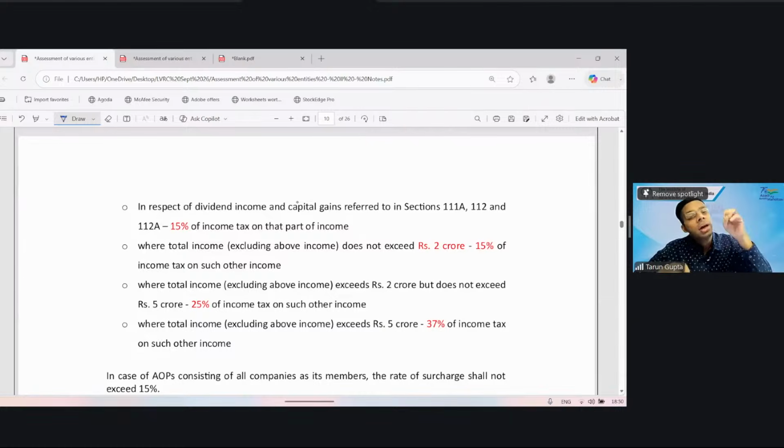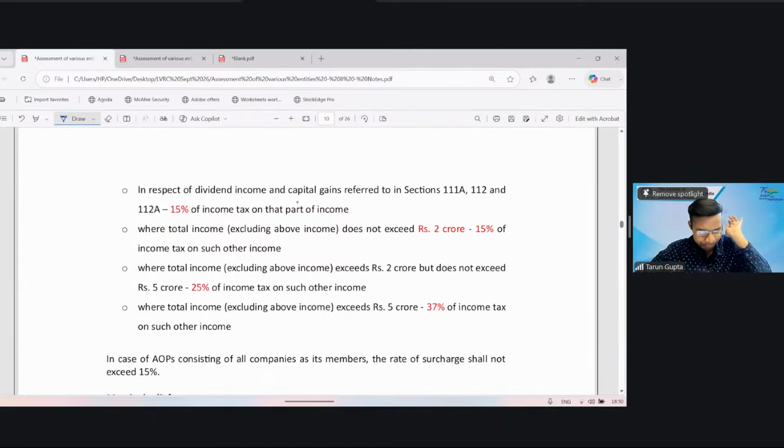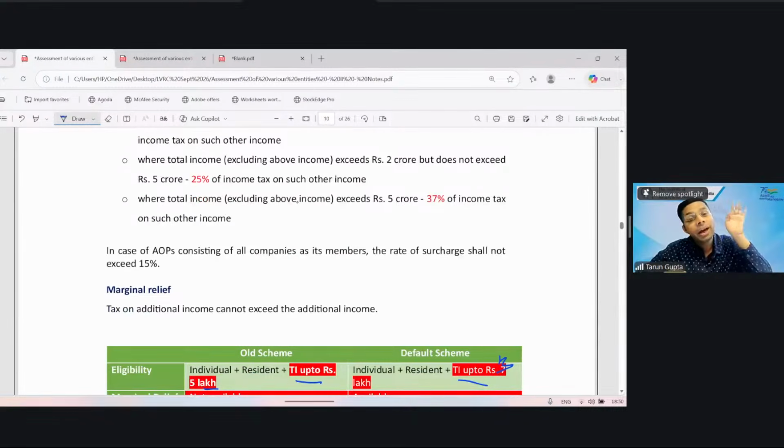Not only this, if the income other than these incomes is up to 2 crore, then the surcharge rate is 15%. If income other than these incomes is more than 2 crore but up to 5 crore, then the surcharge rate is 25%. Okay. And if the other income is more than 5 crore, then only the surcharge rate is 37%.